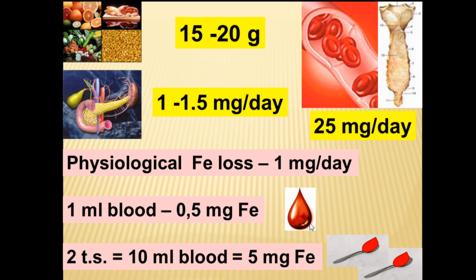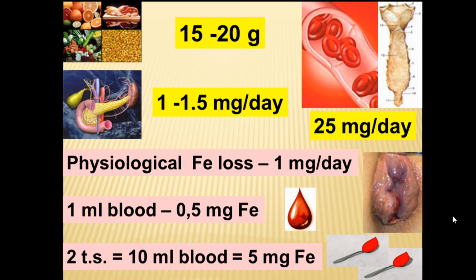And if this process is prolonged, there will be a disbalance between loss and entering of iron in our organism, and after some period, first of all, there will be deficiency of iron in depot. We are talking about the masked or latent period of anemia, which then may be transformed into pronounced clinical manifestation of anemia.